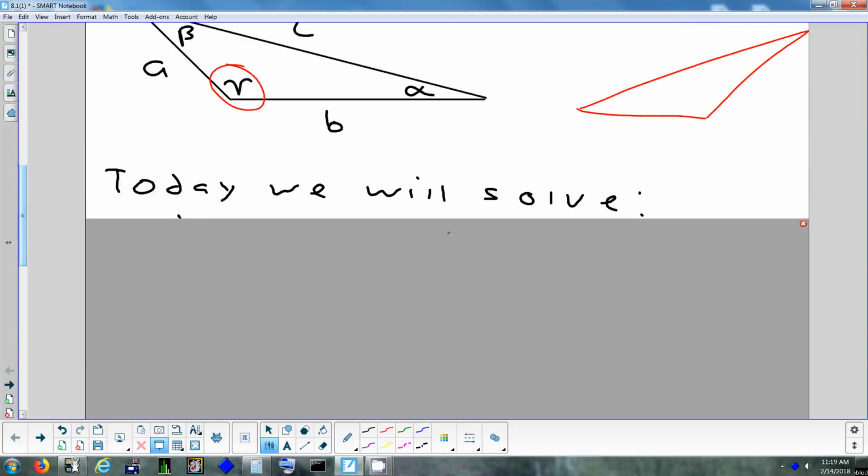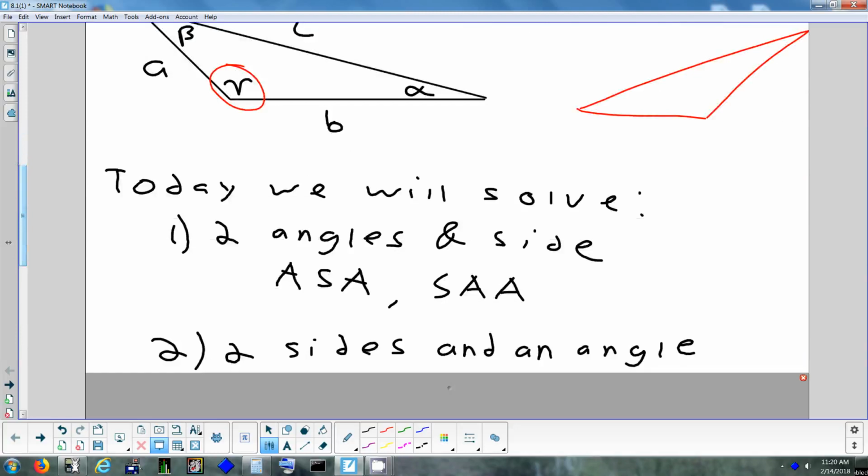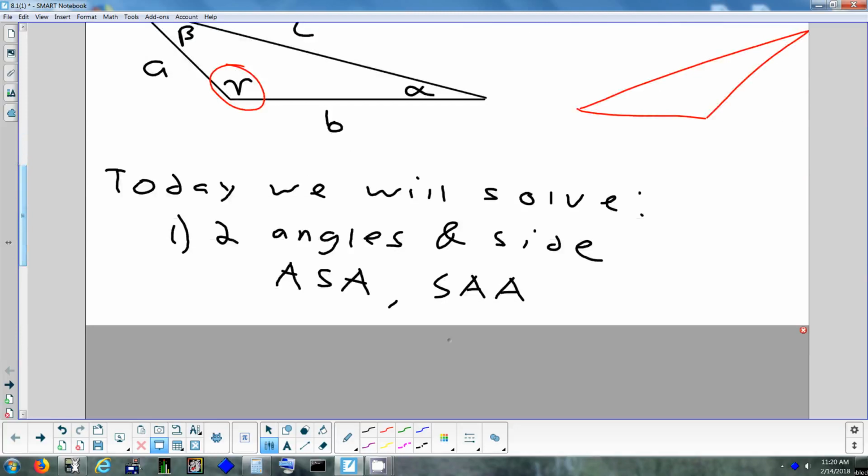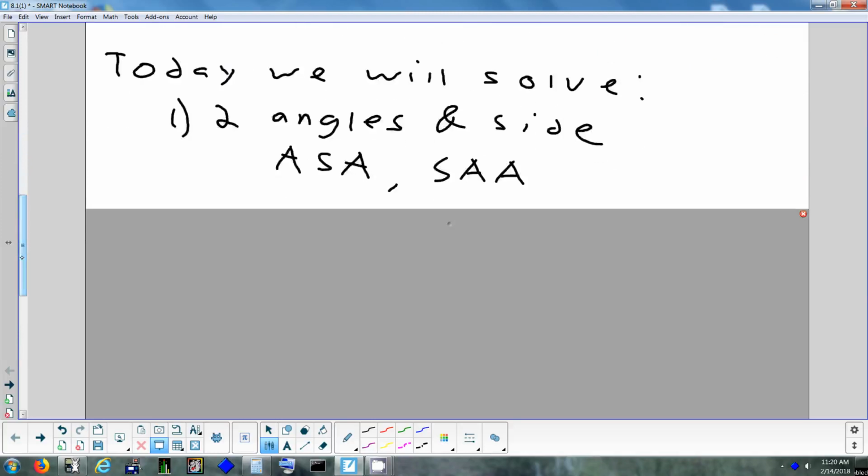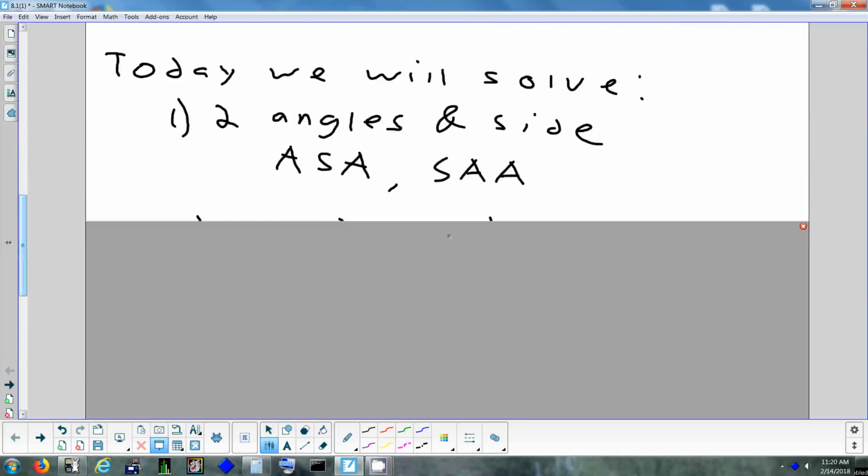All right, so there's 6 things to find. 3 sides, 3 angles. In every problem, I have to give you half of that information for you to be able to solve the rest of it. So one thing I could give you is 2 angles and a side. Okay, what would that look like?